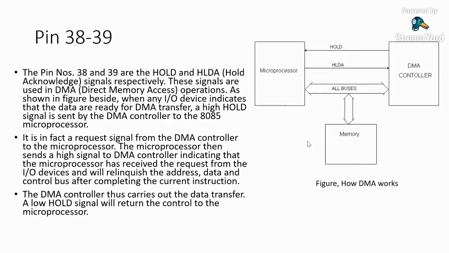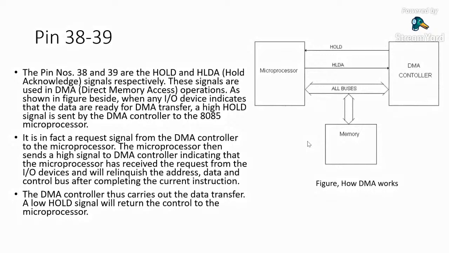The microprocessor then sends a signal back to the DMA controller, indicating that the microprocessor has received the request from the input-output device and will relinquish the address, data, and control bus after completing the current instruction. The DMA controller thus carries out the data transfer. A low hold signal will return the control to the microprocessor after the DMA controller has finished transferring the data.